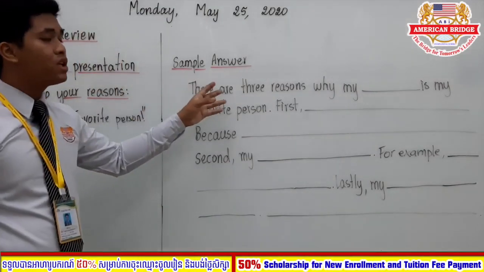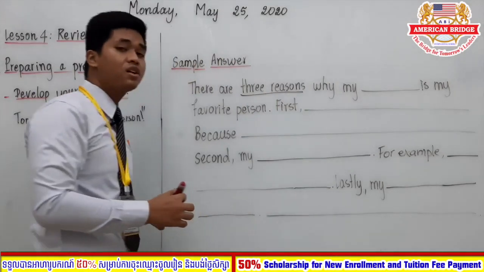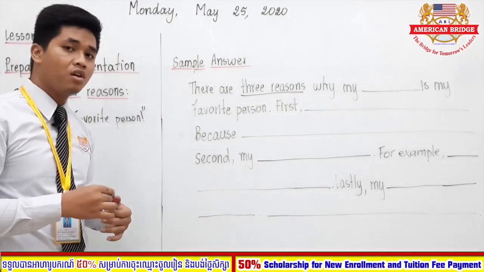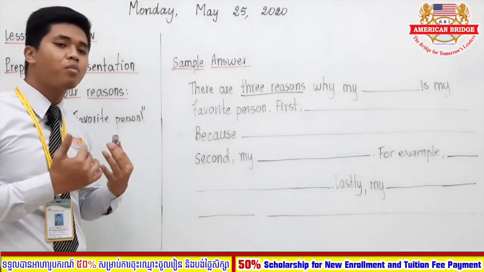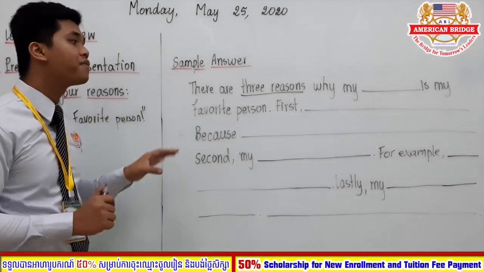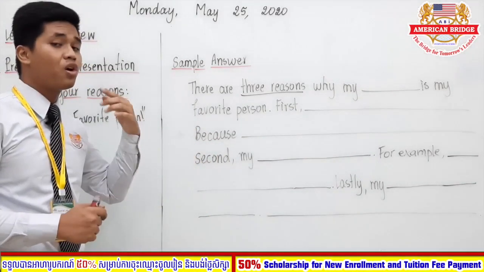There are 3 reasons here, but you can give more than 3 reasons. It depends on your ideas. If you have more ideas, you can give more reasons. For example, there can be 5 reasons or 6 reasons based on your own ideas.